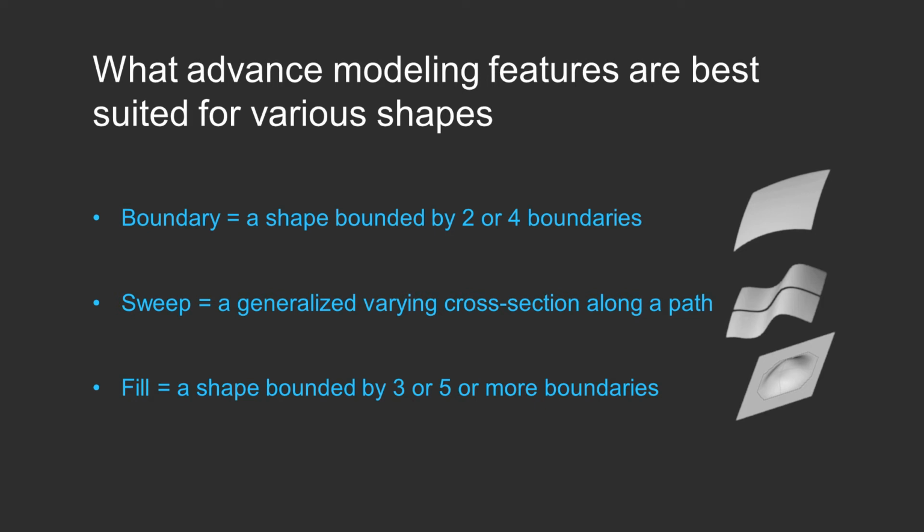Sweep is a feature where the nature of your design intent is a shape that generally holds the same cross section but goes through a path that changes. And I say generally carries the cross section. A simple sweep would be a profile and a line, which would make an extrude.